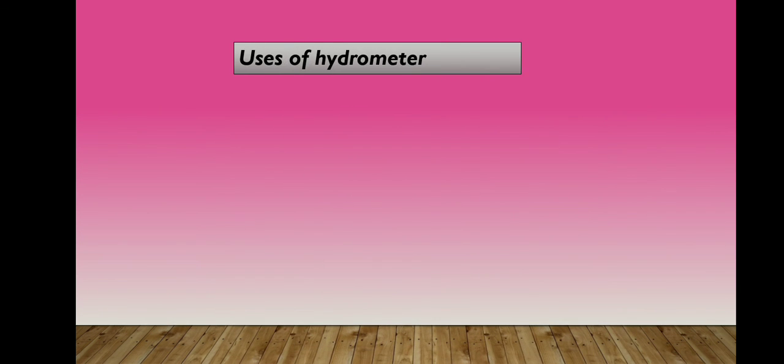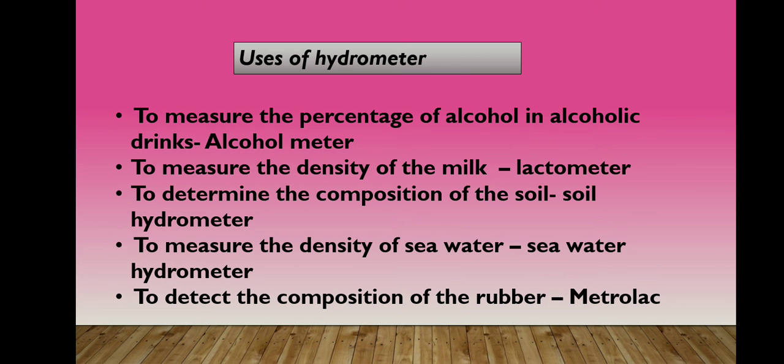Now let's move to the uses of hydrometers. Here there are many hydrometers. The alcohol meter is used to measure the percentage of alcohol in alcoholic drinks. Another is the lactometer. Lacto means milk, so it's used to identify the density of milk.